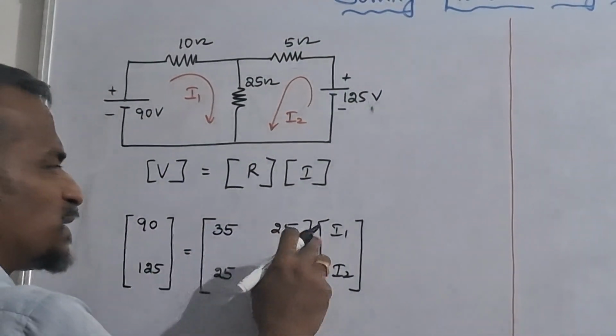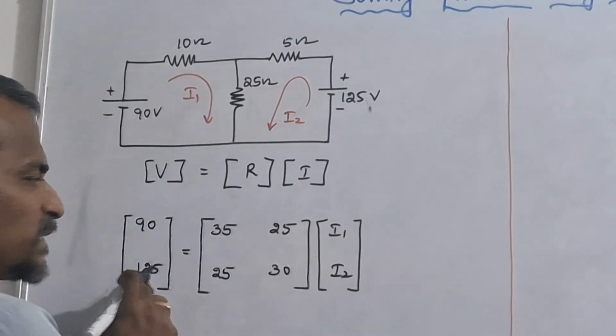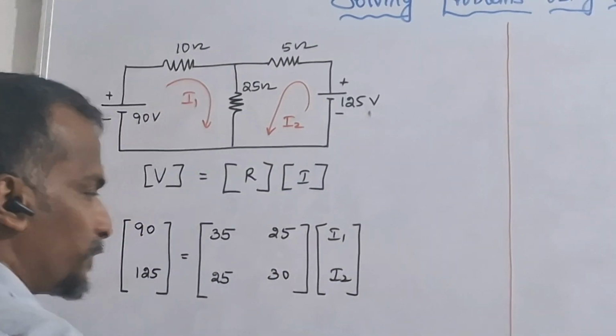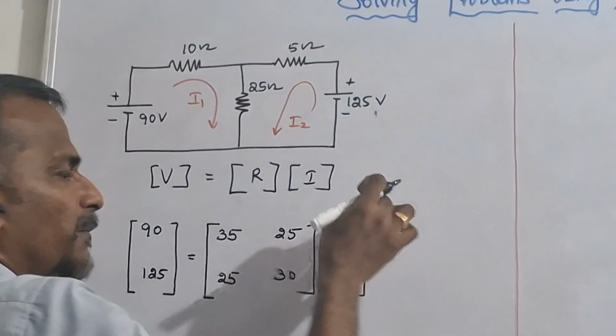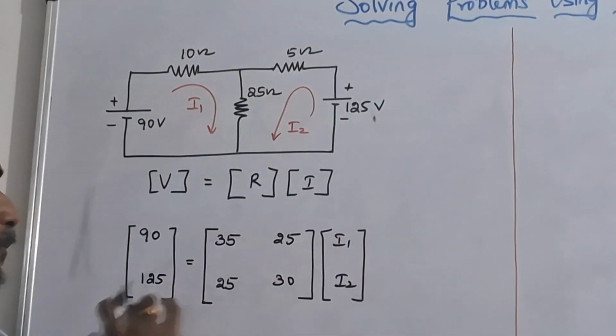Now this entire equation is divisible by 5, so I am dividing the entire terms by 5 in both rows.